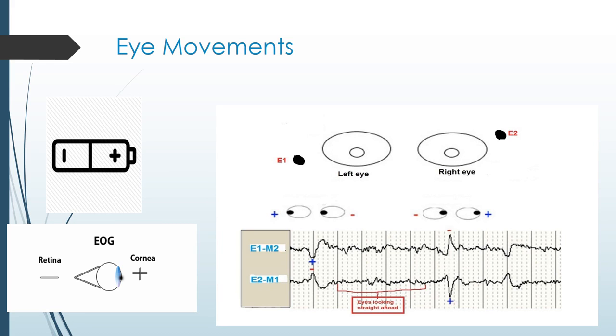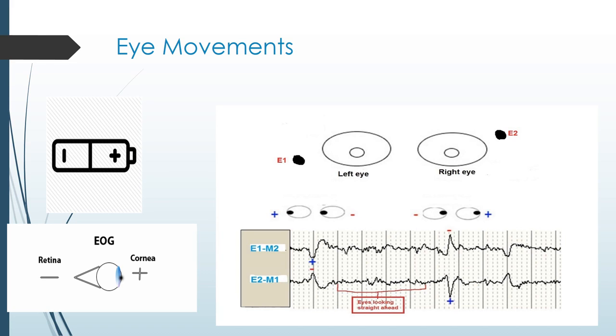So in front of you on your picture, starting at the left, you see E1-M2, that's your left eye, and those eyeballs are looking to the left. So your cornea is moving towards your electrode. This is making a positive deflection. See the plus mark on your tracing? And see how the line dipped down.